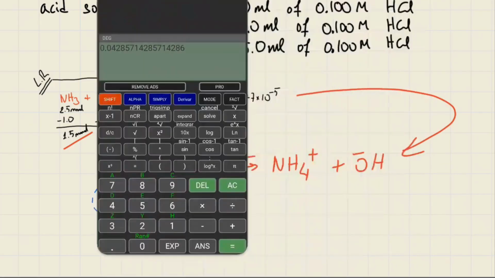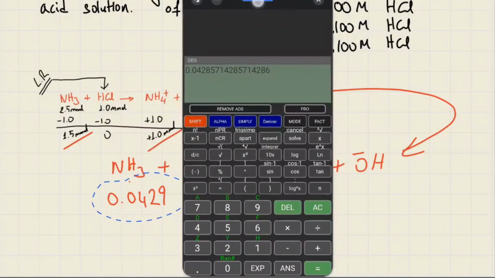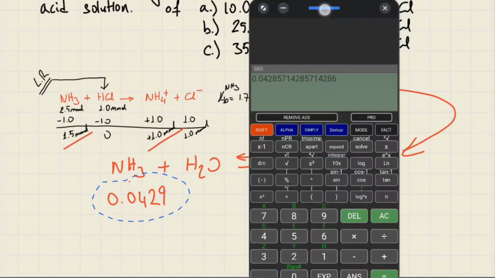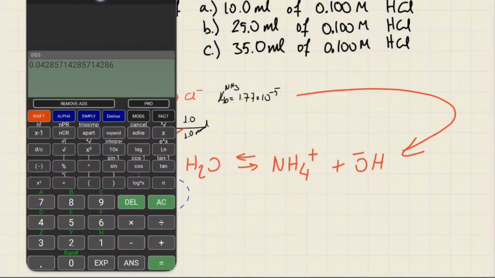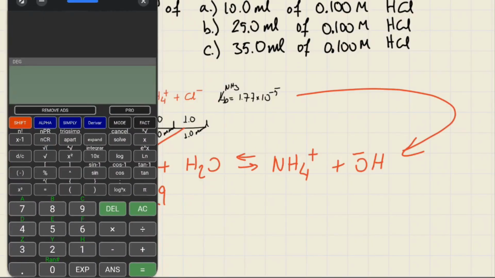And I can calculate the NH4 plus, which is 1 millimole over 35, and OH is unknown.